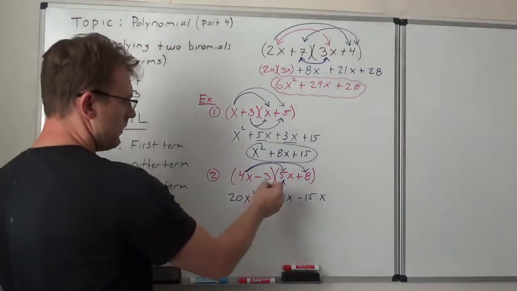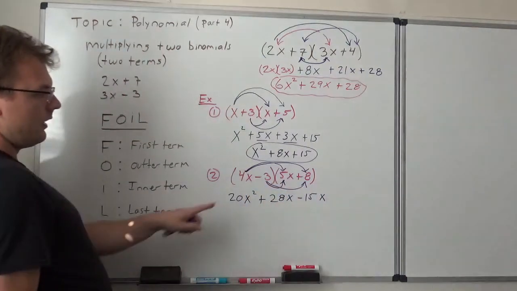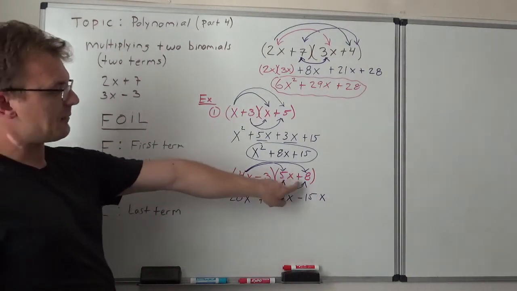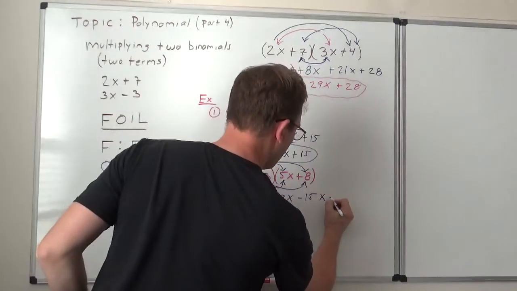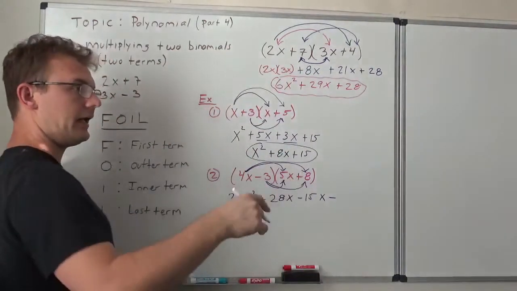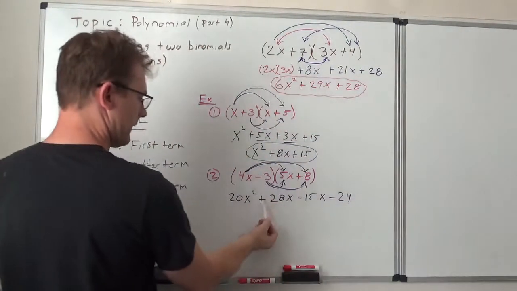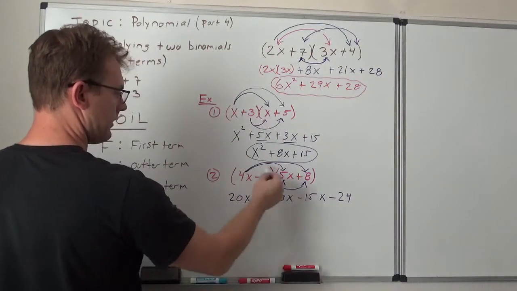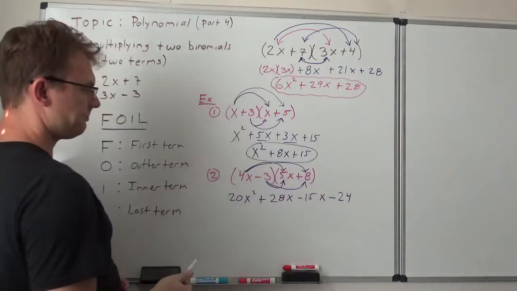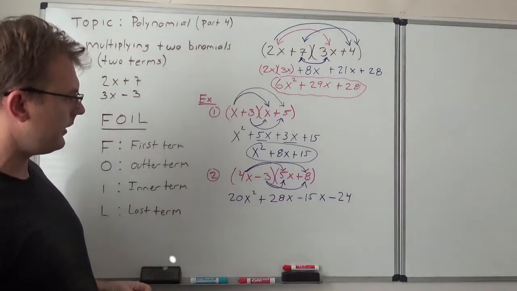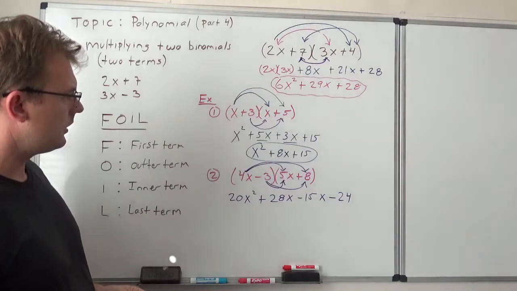Last term, negative times a positive. 3 times 8 is 24. Let's make sure I got my math correctly.